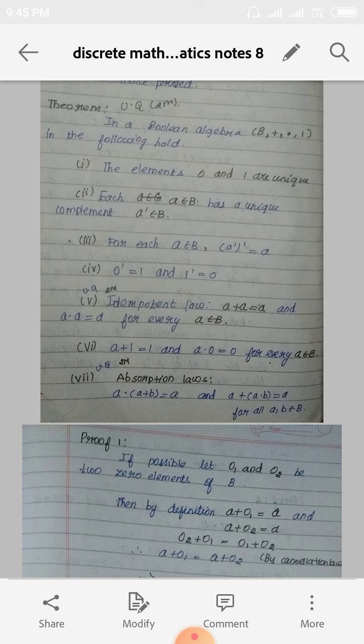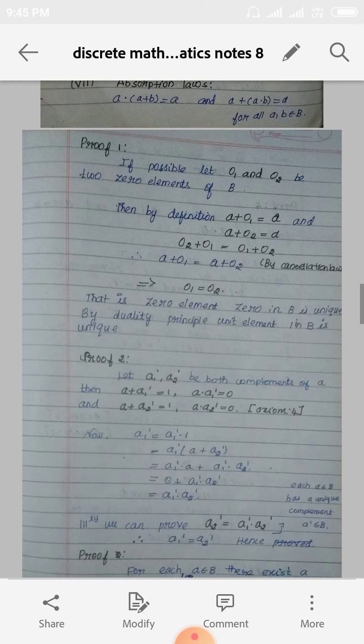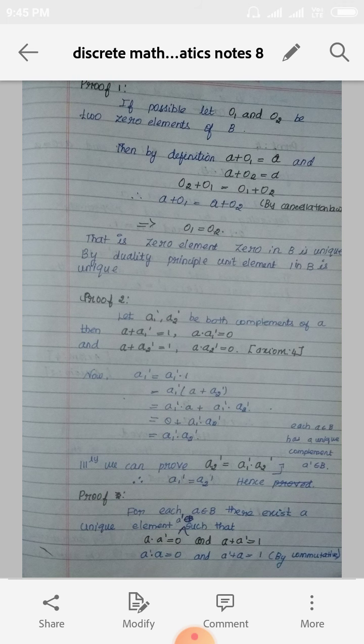See proof number 1. If possible, let us take 0 1 and 0 2 to be the identity elements, two zero elements of the Boolean algebra B. So a plus 0 1 is equal to a and a plus 0 2 is equal to a. Therefore, 0 2 plus 0 1 is equal to 0 1 plus 0 2.